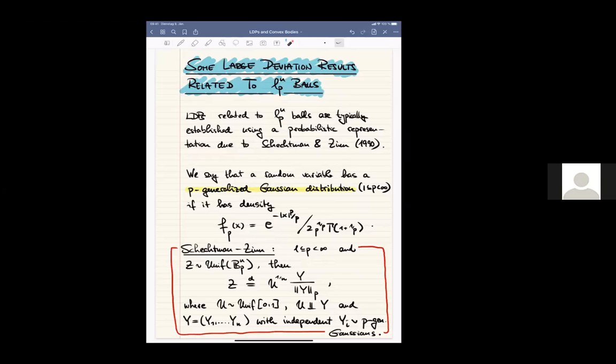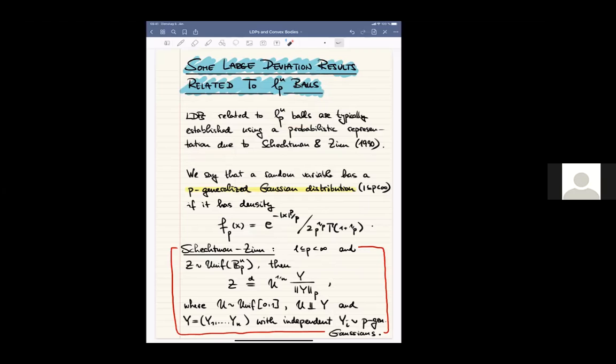Until very recently, most of the large deviation results that were obtained were related to LPN balls. The reason, which I already mentioned yesterday, is that we have a probabilistic representation due to Schechtman and Zinn, which allows us to rewrite the uniform distribution on an LPN ball in terms of what is known as a p-generalized Gaussian distribution.